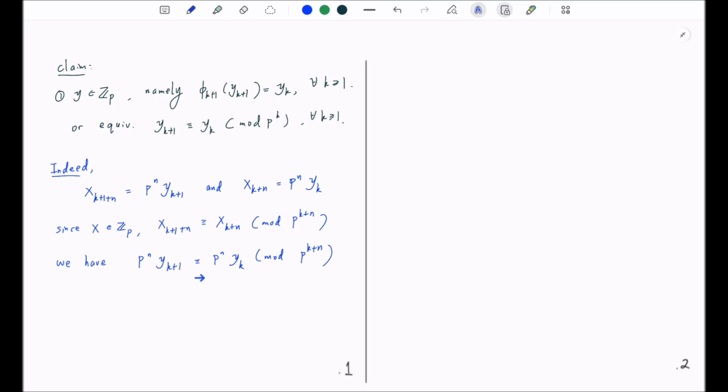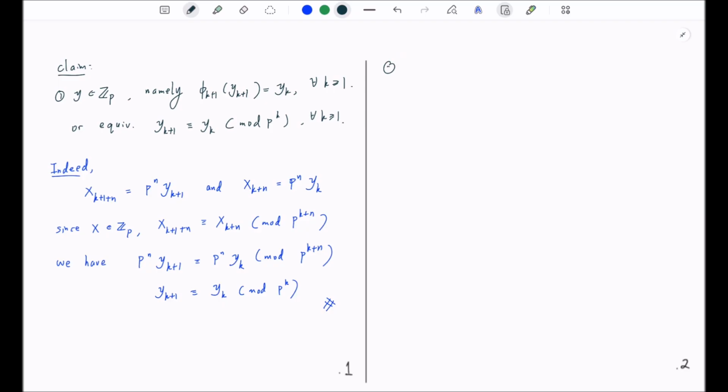And now, if we divide both sides of this congruence equation, we have y_{k+1} congruent to y_k modulo p^k. And that is exactly what we want. So this verifies the first claim.